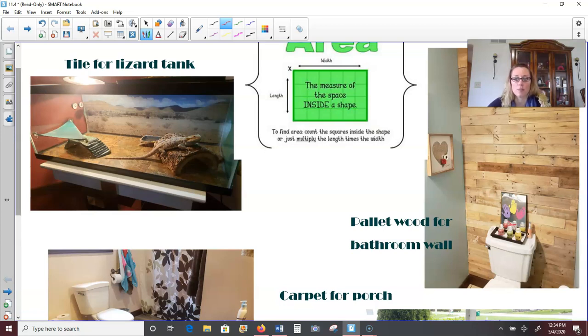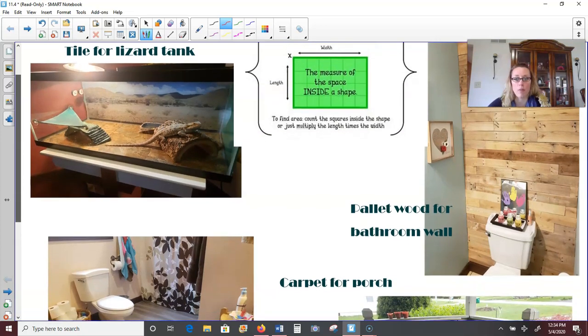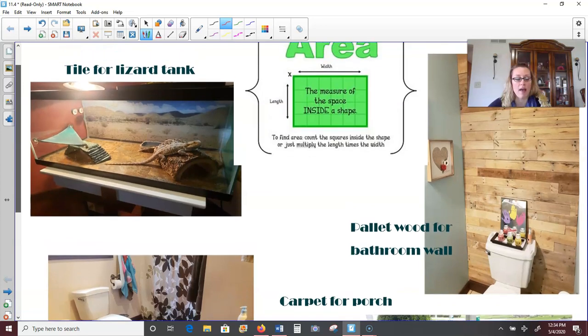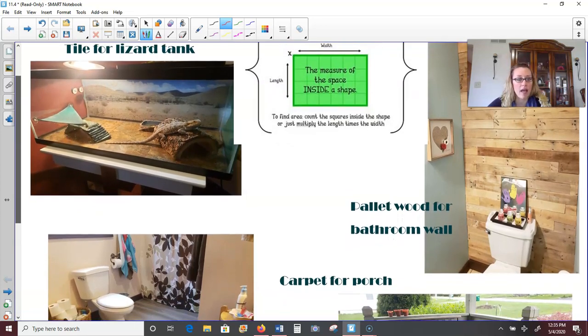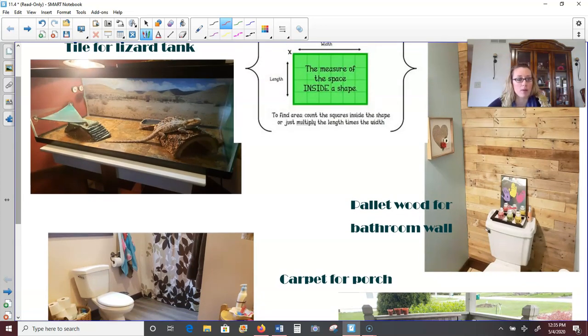I also went exploring around my house and was finding some other examples of when I would need to know the area. I recently had my husband do a little project in our extra bathroom with some pallet wood. You can see the picture on the right is showing my half bath, and I had him calculate the area of the wall behind our toilet.